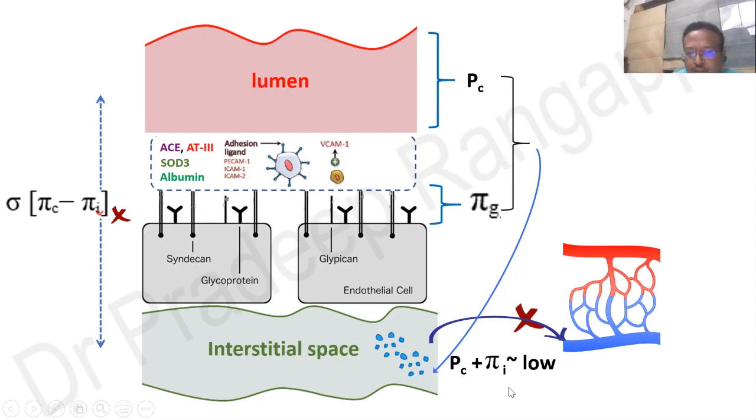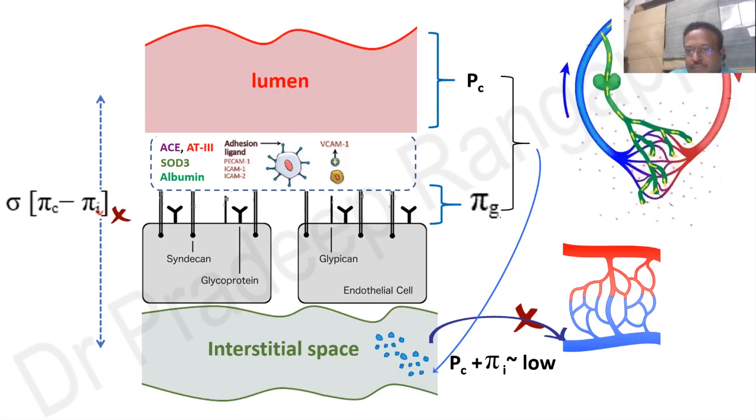The interstitial oncotic pressure is found to be very low or insignificant to move the fluid from the interstitial space to the venular end of the capillary. That is our whole concept of the EGL: the interstitial oncotic pressure is de-emphasized, and it is the glycocalyx oncotic pressure which plays an important role in moving the fluid to the venular end of the capillary.